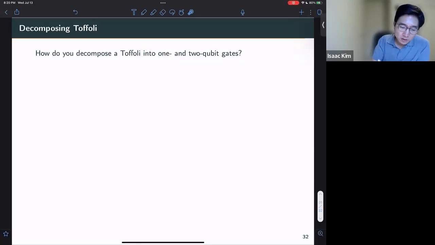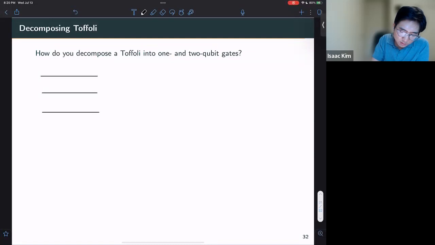So I'm going to talk about the Toffoli, which, as I told you before, is basically this 3-qubit gate with 2 controls.